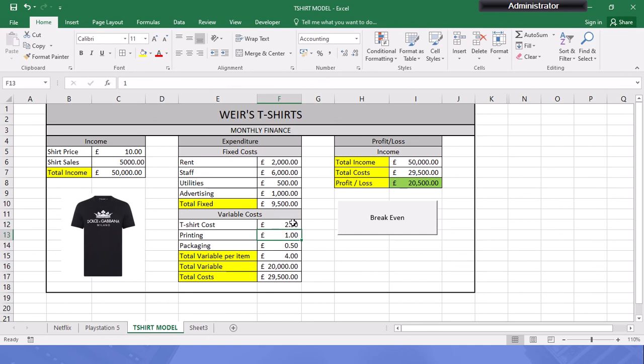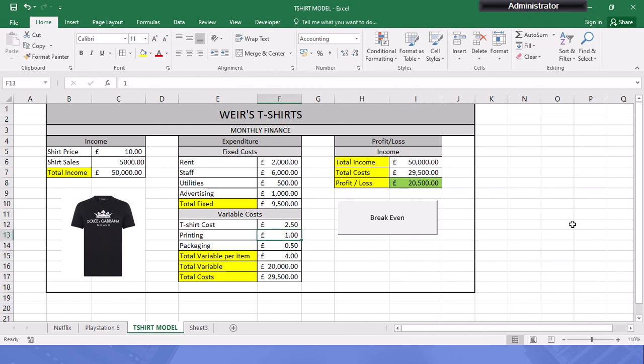And straight away, the knock-on effect is huge compared to our costs. So it's knocked it down to £4 per t-shirt instead of £5, which means our overall profit per t-shirt is now £6. So per t-shirt, £6. If we sell 5,000 t-shirts, we are going to make 20,500 in profit.